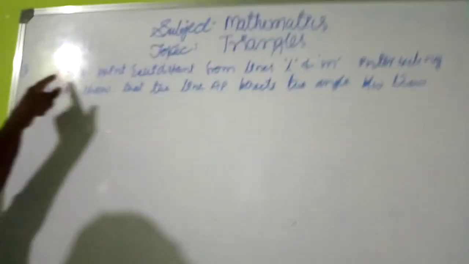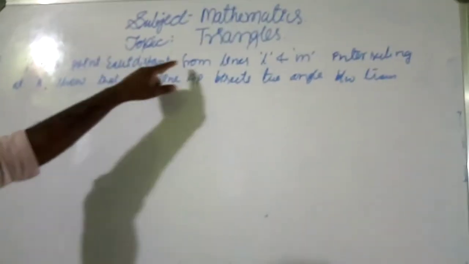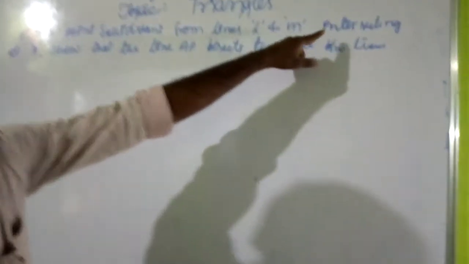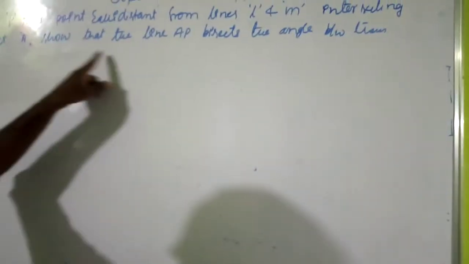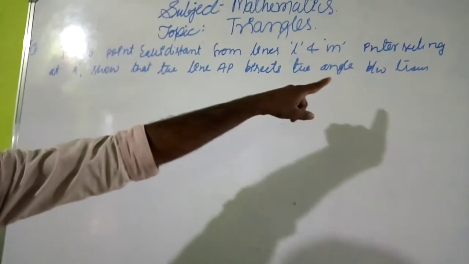Okay, so this is the problem. P is a point that is equidistant from the two lines L and M intersecting at A. Then show that line AP bisects the angle between them.